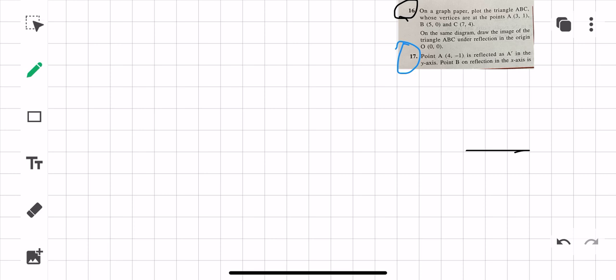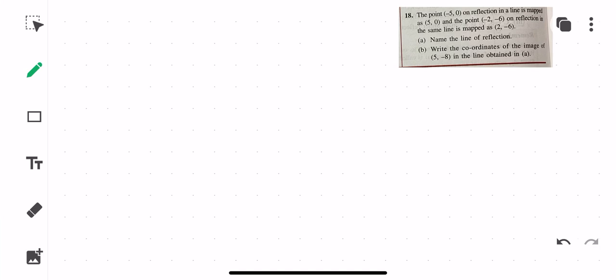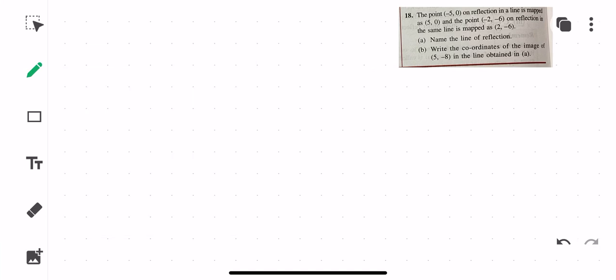And then we'll be now moving to the last question, that is question number 18. Question number 18 says the point minus 5 comma 0 on reflection in a line is mapped as 5 comma 0, and the point minus 2 comma minus 6 on reflection in the same line is mapped as this. Name the line of reflection.